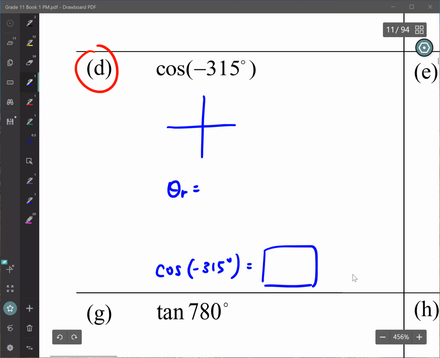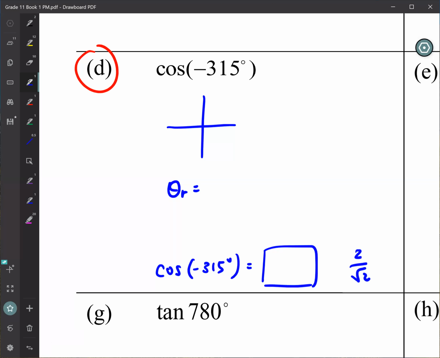I think it's 2 over root 2. What did you say? 2 over root 2. Is that what you said, Waylon?